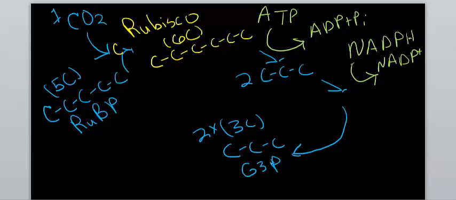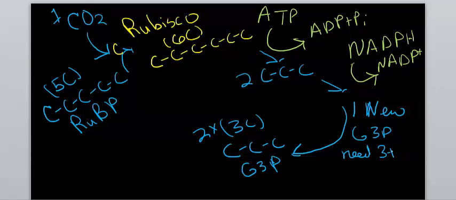So this adds 1 carbon to come up with 1 new G3P. A completely new G3P needs 3 turns.